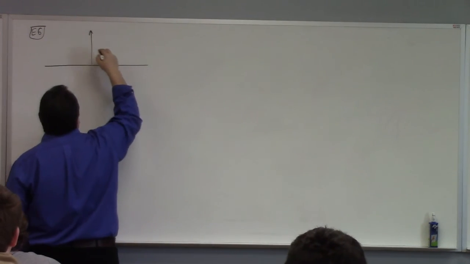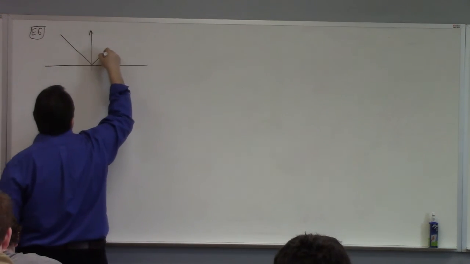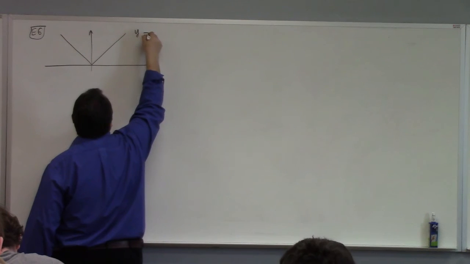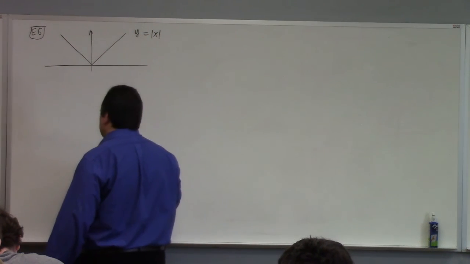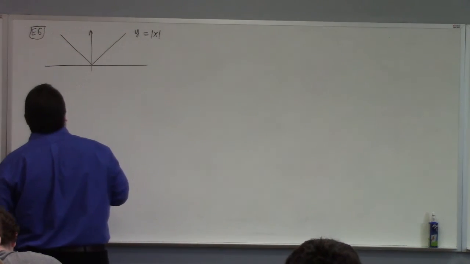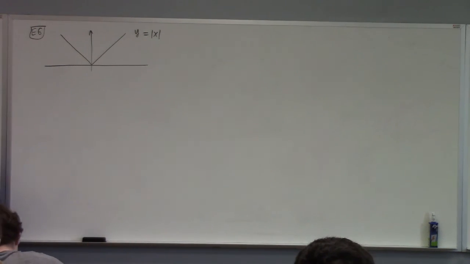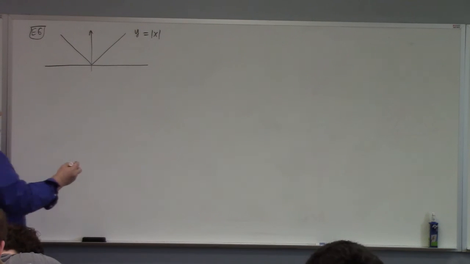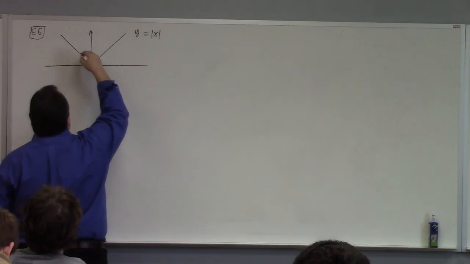So we could have something like this, for example. Y equals the absolute value of x, right? And we could have something like, oh, goodness gracious. Y-intercept here, maybe 2 over there.